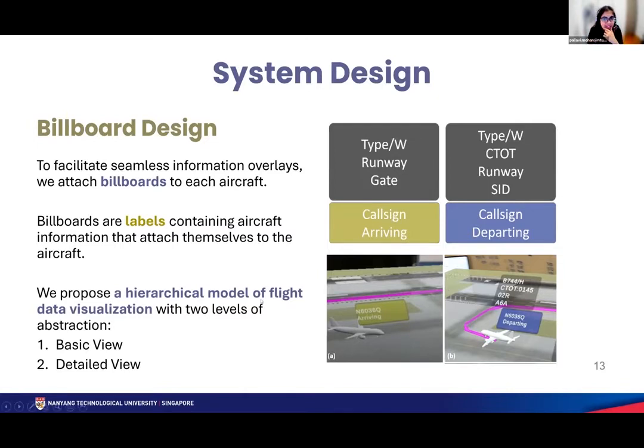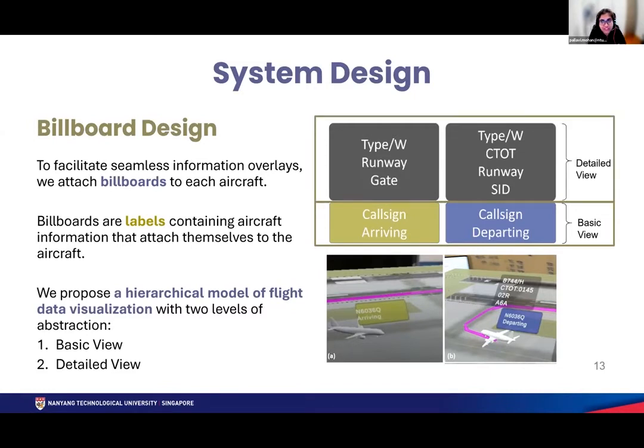So the first level is basically a basic view, which is activated by just gazing at the aircraft that you intend to retrieve the information for. So basically, an eye gaze gesture activates the basic view of a billboard. This basic view has very minimal information that ATCOs would want to see at a glance, like the call sign and whether it's an arriving or departing aircraft.